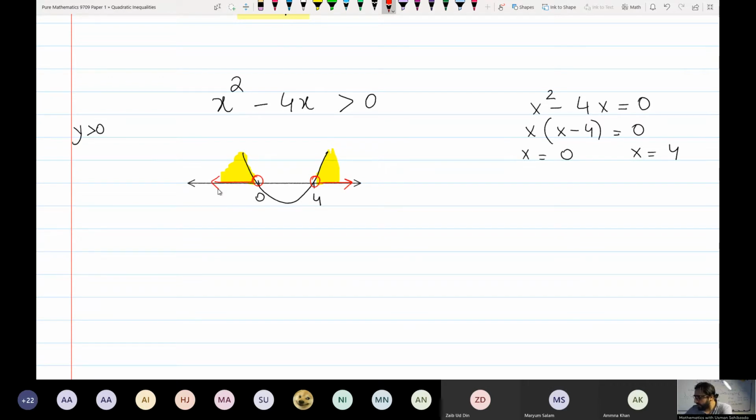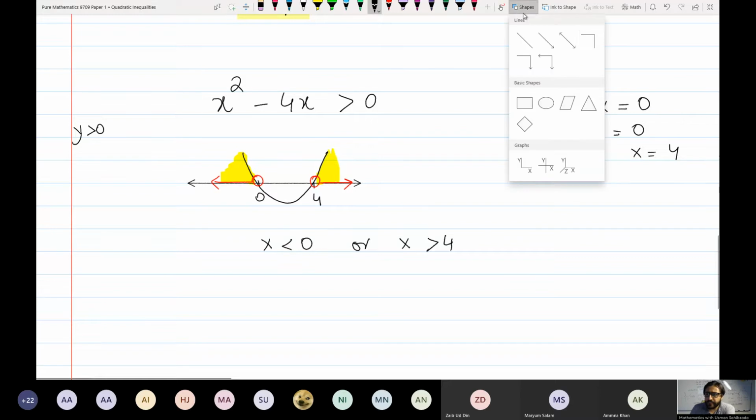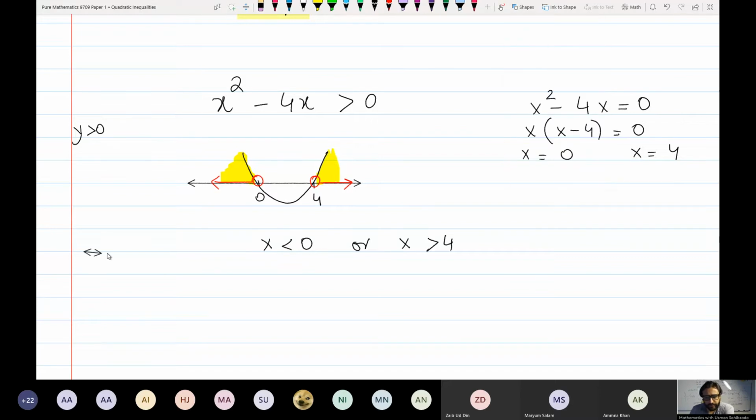So this would be x less than 0 or x greater than 4. It's a disjoint set. I'll redraw the number line. 0 says less and 4 says more.